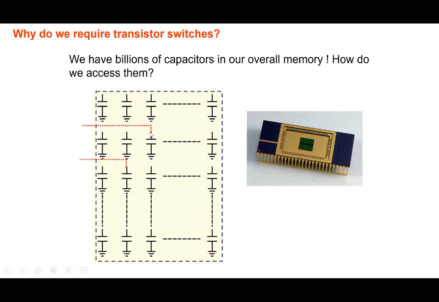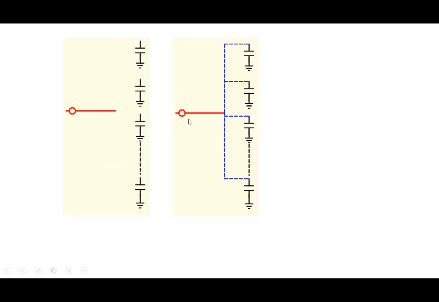The problem is also, how do you program a particular capacitor? How do you select a capacitor and put in a certain amount of charge, thereby storing a 1? Or if 1 is stored on a certain capacitor, how do you access that capacitor and discharge it so that a 0 is stored? How do we do that? You cannot have that many wires coming out; wires are only in the hundreds.